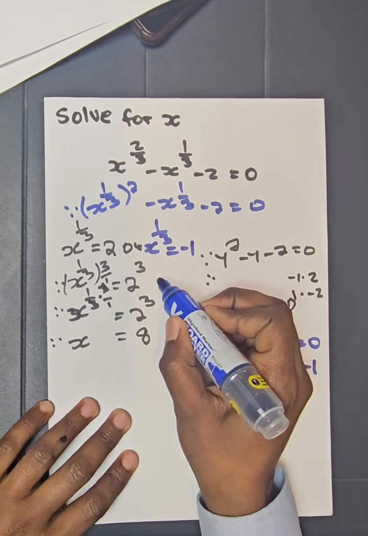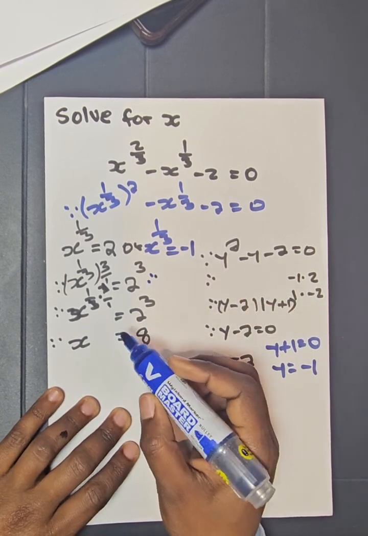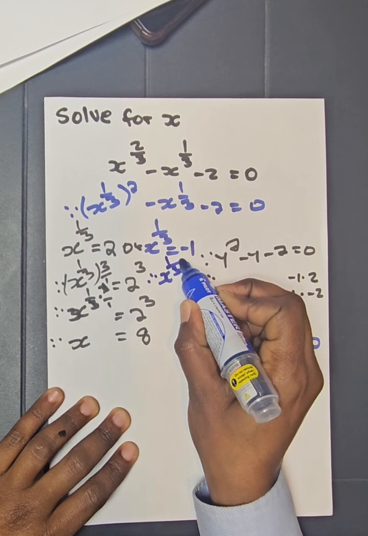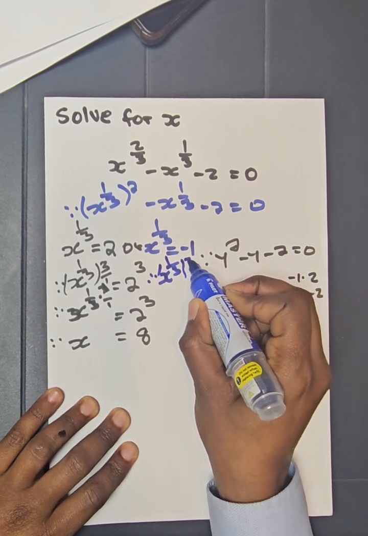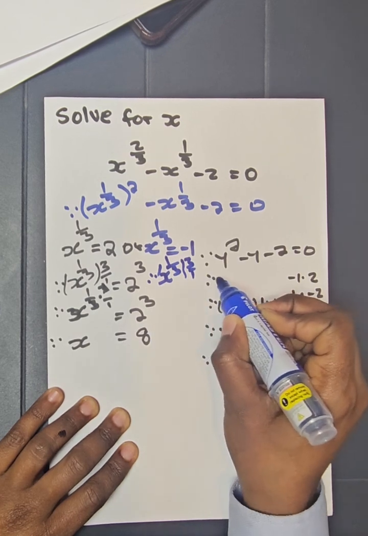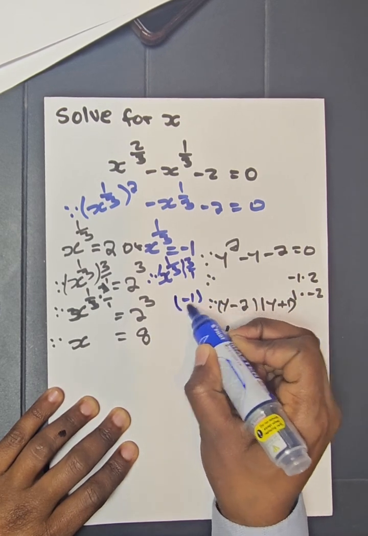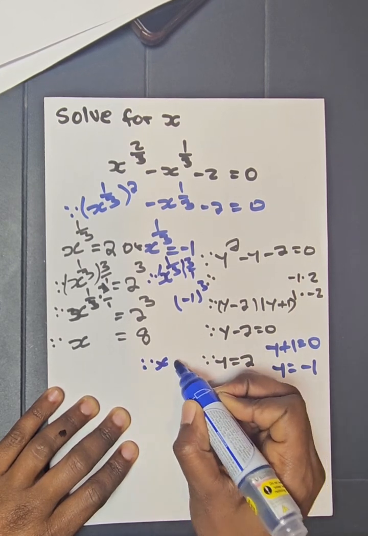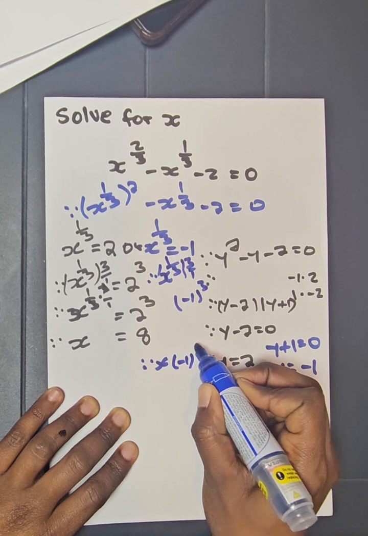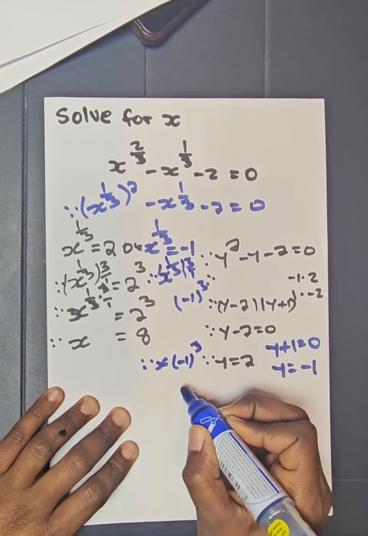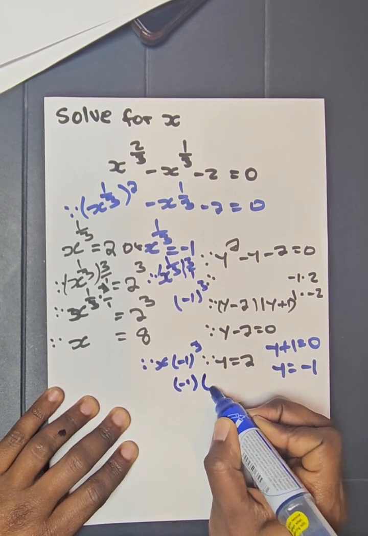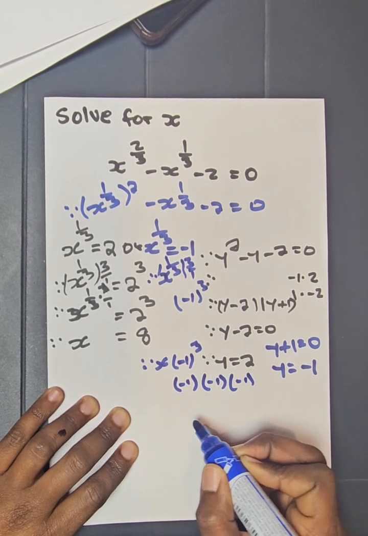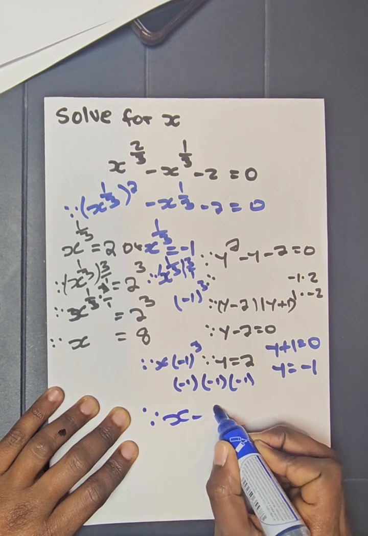If we raise to both sides the reciprocal exponent, 3/1, we get x equals -1 to the power of 3, which gives us -1 times -1 times -1, and so our x equals -1.